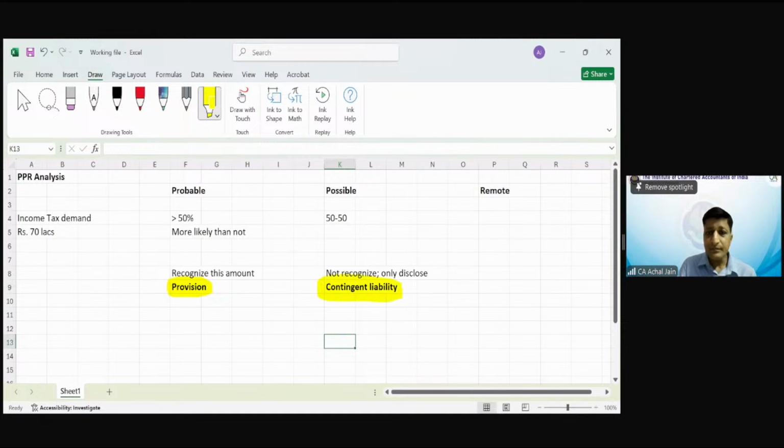Okay. So in this case, the company will not recognize a provision. What will the company do? The company will only disclose a contingent liability. Clear? Clear? Next, third situation. Let's talk about this third situation also. And then of course, I'll come to your queries also if you have.